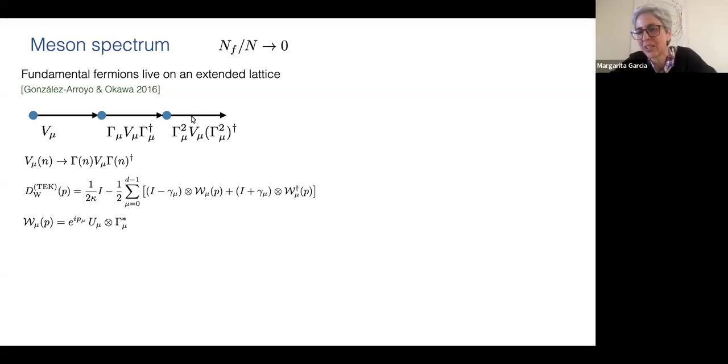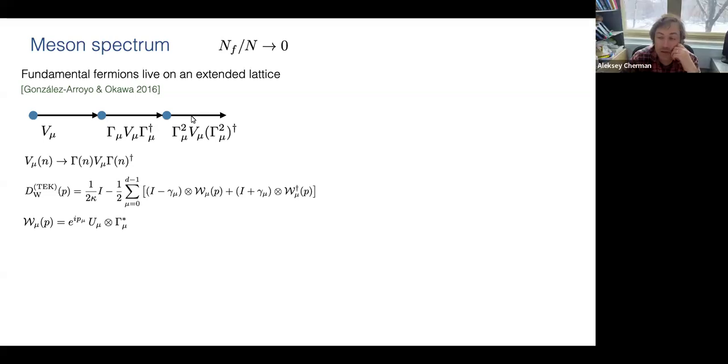This is something that in the old times of Eguchi-Kawai was also a problem. Due to factorization, with double trace operators, to compute the glueball mass you have to go subleading in N, and this is not really capturing subleading in N effects. Subleading in N effects are finite volume effects in this context.